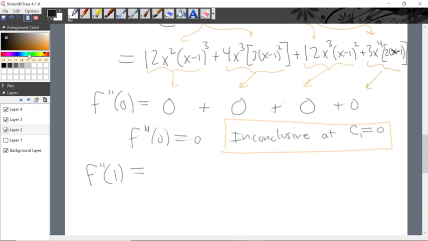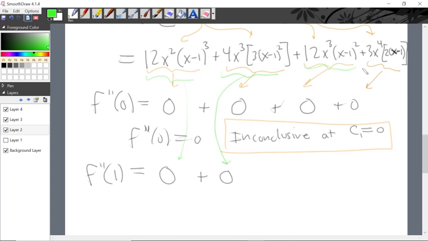And then f double prime of 1. Okay, so let's go green. This group right here has a factor of x minus 1, so therefore this is going to equal 0, because I have 1 minus 1 times this. Plus, this group here also has a factor of x minus 1, so this one's going to equal 0.